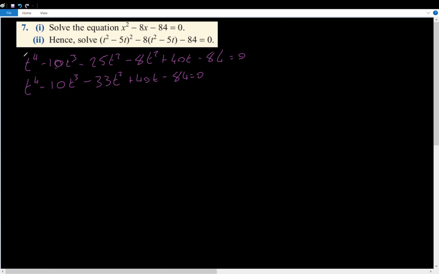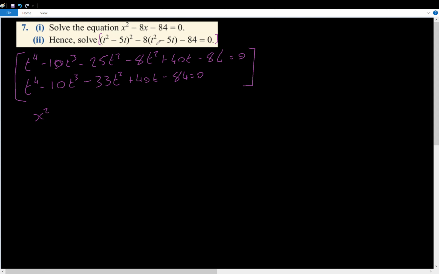So instead of trying to jump straight to that, which we're just going to put a pin in and leave aside, what's far easier to do is to take the equation that we start with, which is what we've got here in part 2, and we're going to substitute out the brackets. We're going to put x in instead. So instead of t squared minus 5t all squared, we're going to put in x squared.